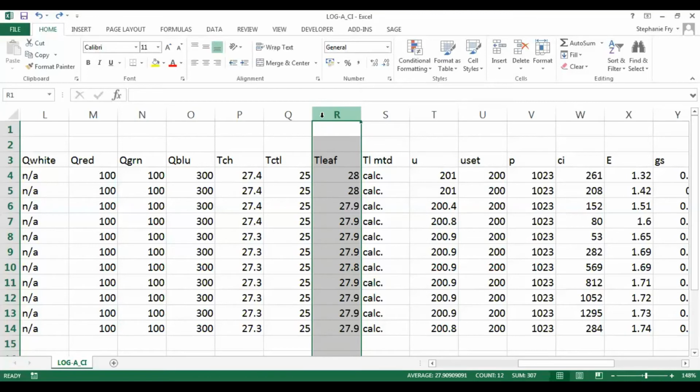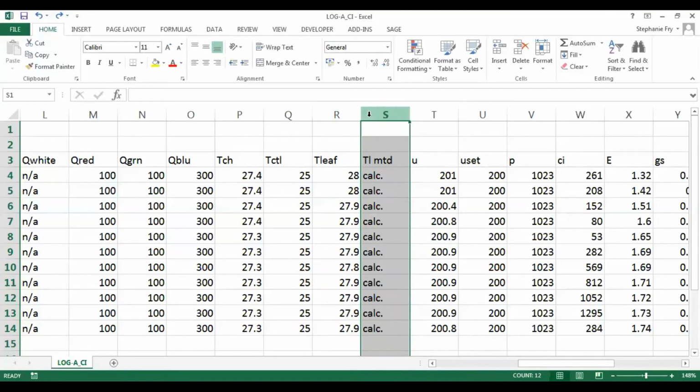And here we can see the method of calculating leaf temperature. In this case, calculated through the sensor.